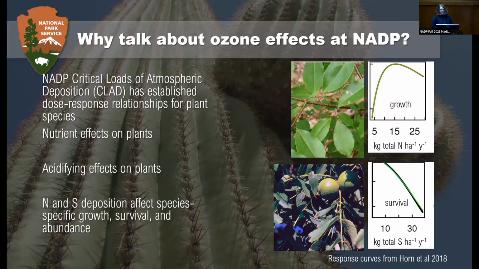So for example, on the top panel, we have the effects of nitrogen deposition on black cherry. Initially, there is a positive growth response and then a decline after we hit a particular level, our critical load level. And also acidifying effects on plants like the black walnut in the lower panel here, which responds to sulfur deposition with a decline just as sulfur deposition increases.